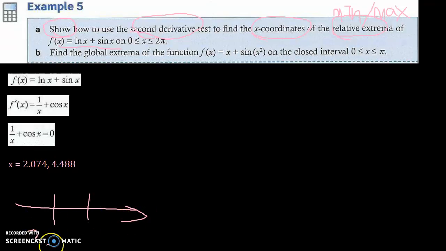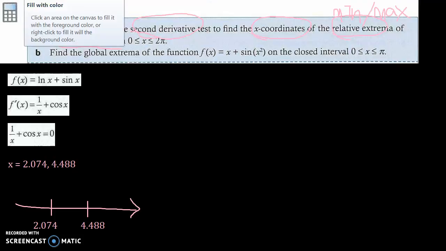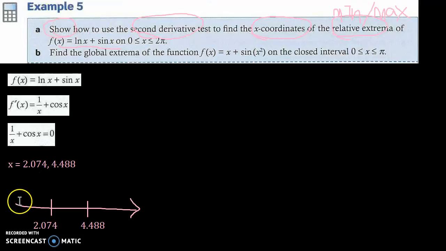Let me do a better job here. I'm going to have 2.074 and 4.488. Let me put the numbers down, and let's try to draw this.